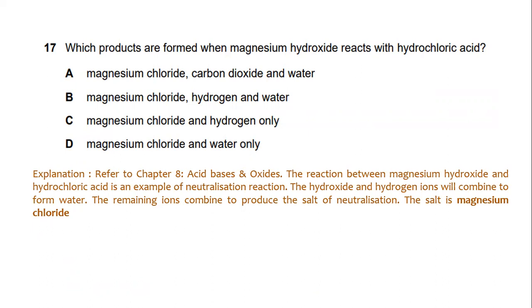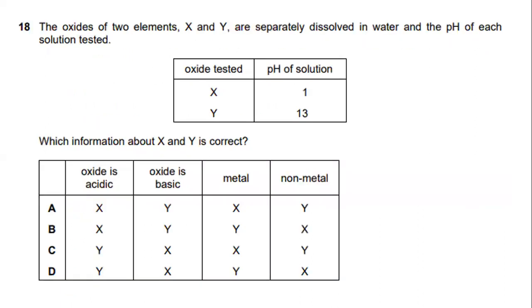The remaining ions combine to produce the salt of neutralization, so the salt is magnesium chloride. In this case, it should be magnesium chloride and water only. 17 should be D.